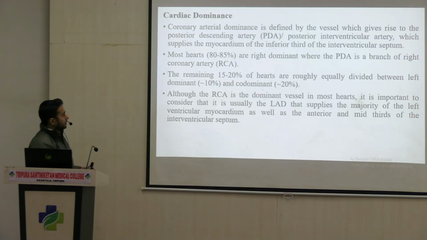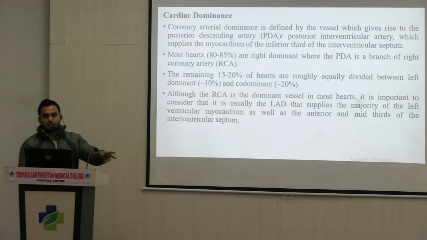In 80 to 85% of the cases it is right dominant, where PDA is the branch of the right coronary artery, and only 15 to 20% is equally divided. Among them, some comes from the left coronary artery and some are codominant, that means from both the arteries.